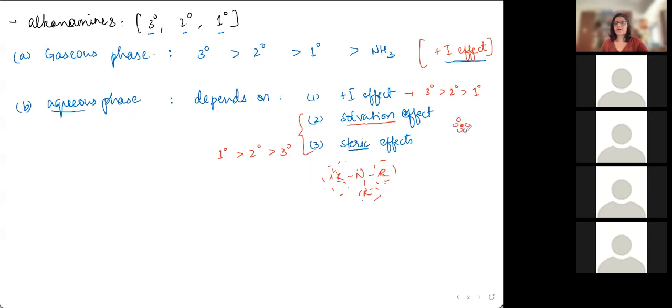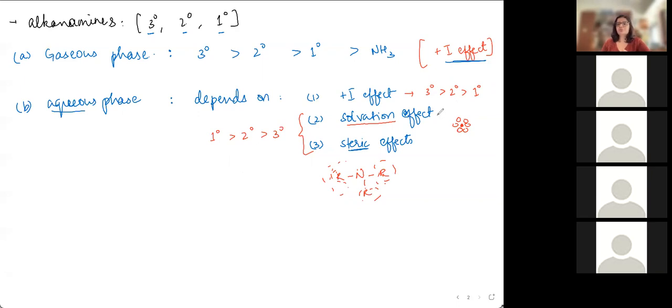That will also make it difficult for the H+ to reach the lone pair on the nitrogen. So shouldn't it follow the same order as the steric hindrance order? Yes, but it's for a different reason. It's not steric hindrance in this case.